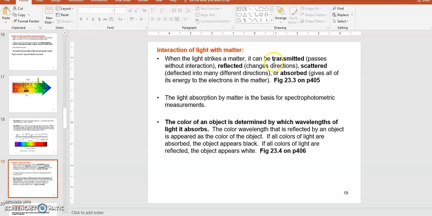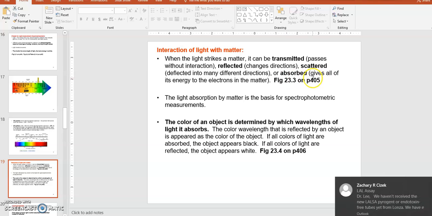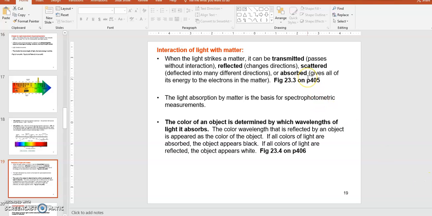Or light can be scattered when it hits: one light goes in, it can come out as multiple light energy. Or the light energy can be transferred from the light to the matter itself. So there's a transfer of light energy that can happen. So there are all different possibilities when light energy is exposed to matter.